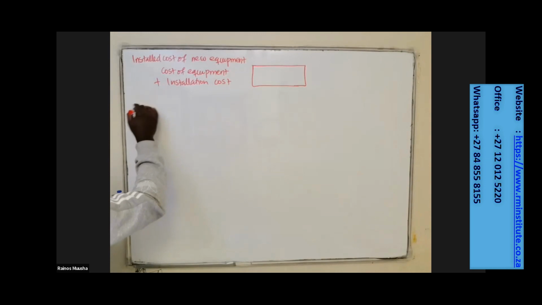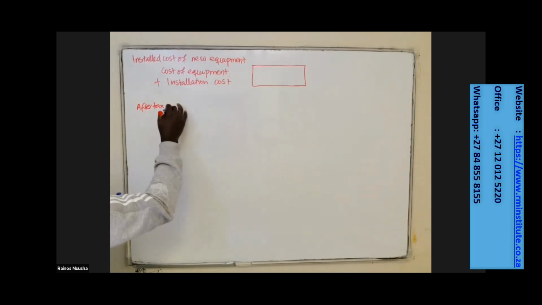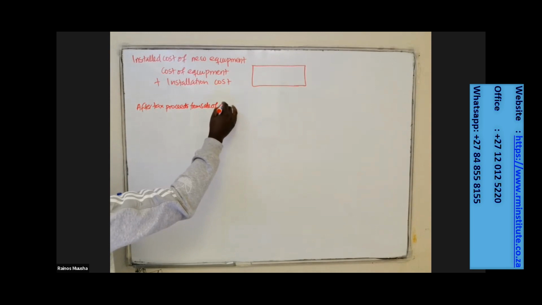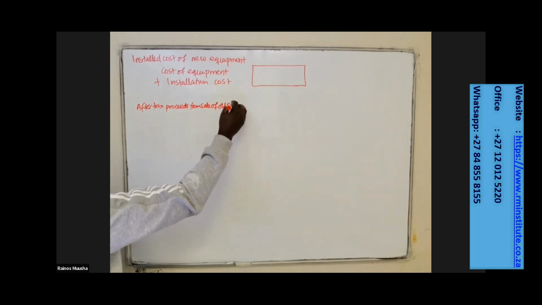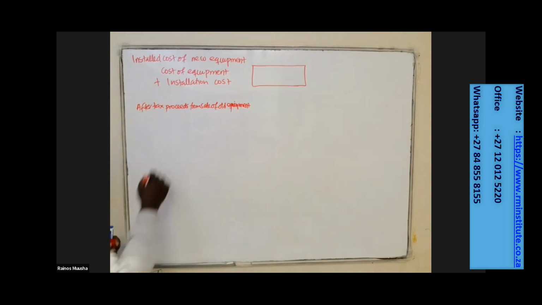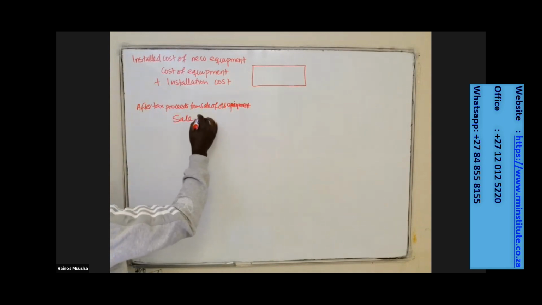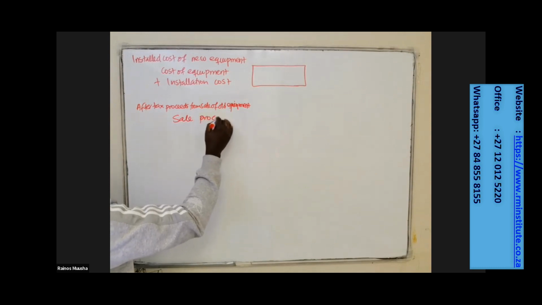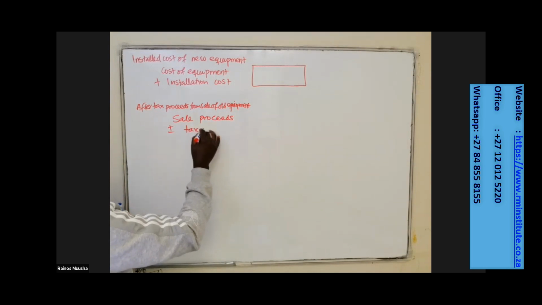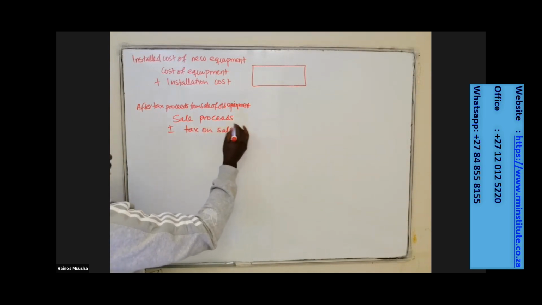Then you're also going to have the after-tax proceeds from sale of old equipment, which is given as your sale proceeds plus or minus the tax on sale.